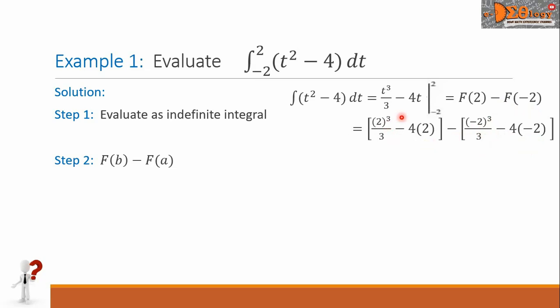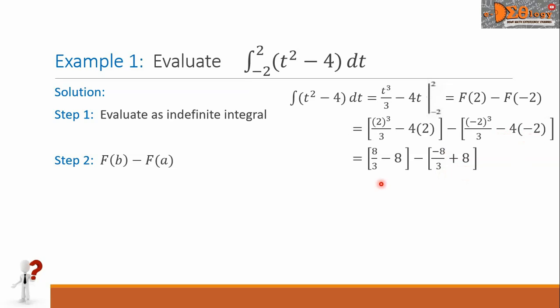We simplify 2 cubed to be 8, so 8 over 3 minus 4 times 2 is 8, minus, now the cube of negative 2 is negative 8 over 3. Then negative 4 times negative 2 is positive 8.